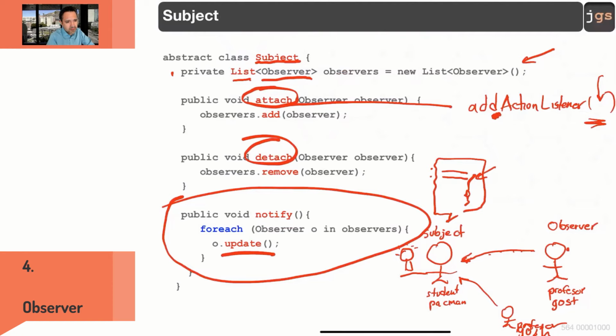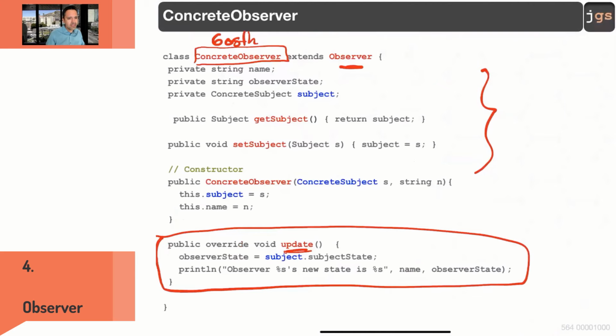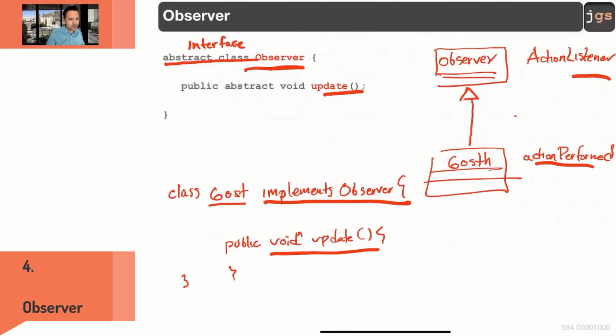Notify observers. What do I do to notify observers? I call a method in the observers. Which method? The method update. And how do we know that they are going to have a method update? Because they are observers. And if they are observers, they inherit from this particular interface.